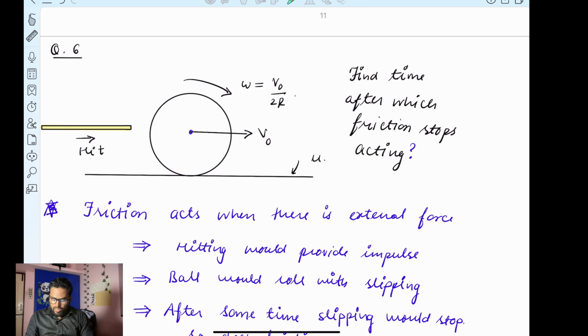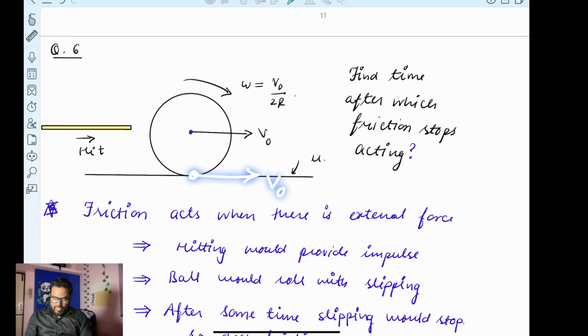Now the question is to find the time after which friction stops acting. Why does friction act? Whenever there is an external agent trying to slide it or move it, friction would act. But you are hitting it with the rod, so you are providing an impulse, giving these velocities, so there is no external torque.